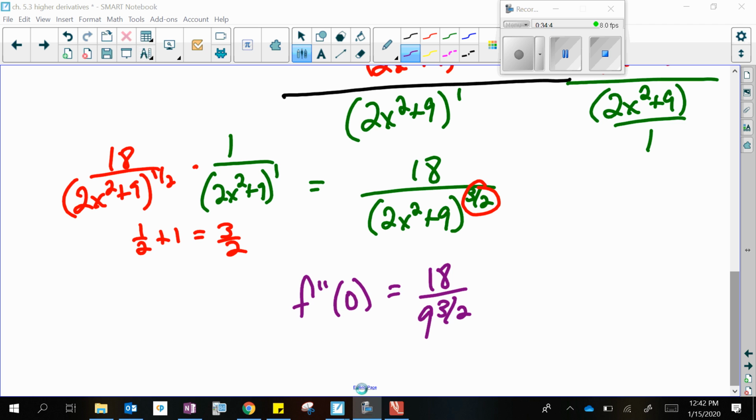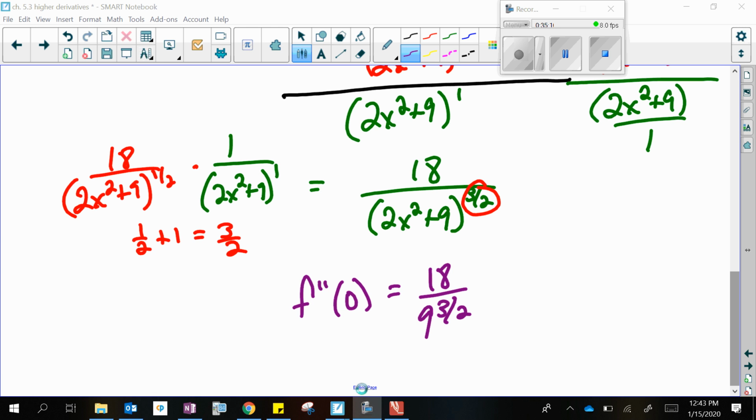So it's taking the square root of 9, which is 3, then cubing it. So that is, what did you say, 27? So it's actually 18 over 27, which is the second derivative at 0.